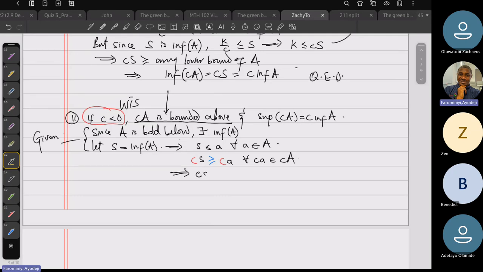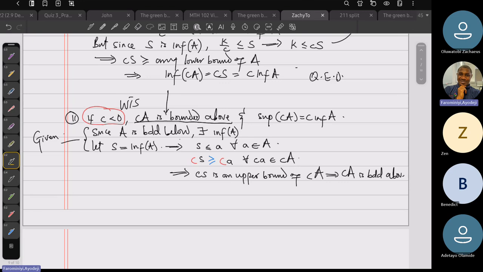So CS is an upper bound of CA. And once the upper bound of a set is not empty, what does that tell us? It tells us that CA is bounded above. So we have finished the first part.